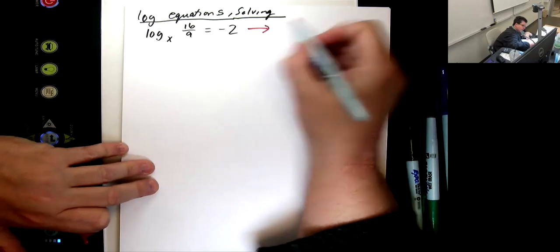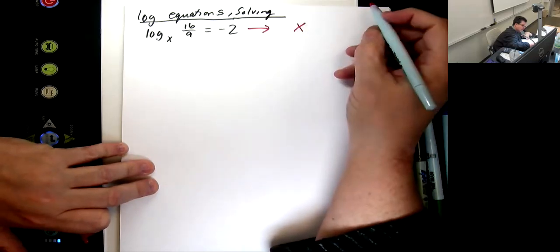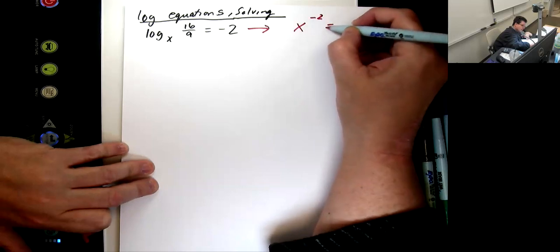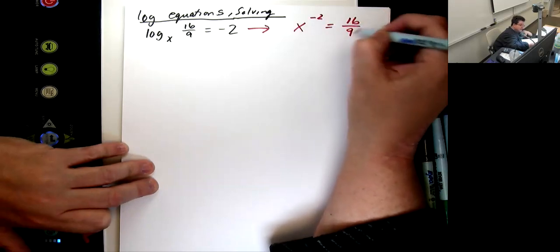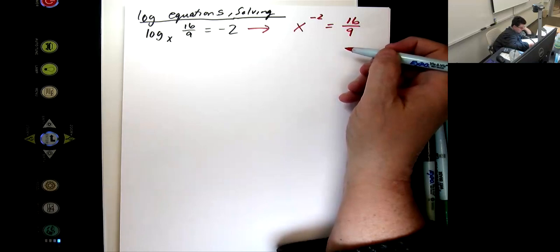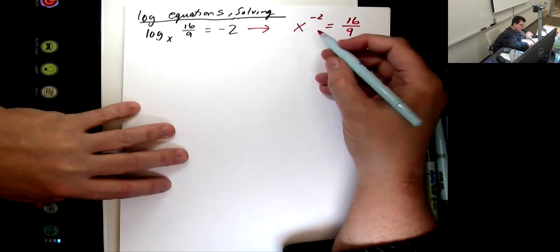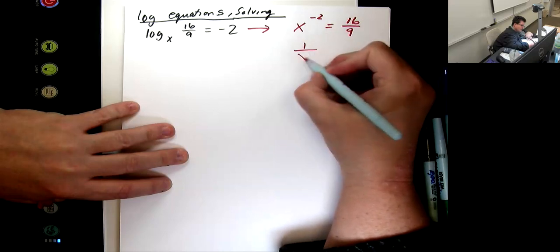We can convert it to the other form and make it this. The -2 comes to this side as the exponent, and the 16/9 goes to the other side. So this is 1 over x squared.